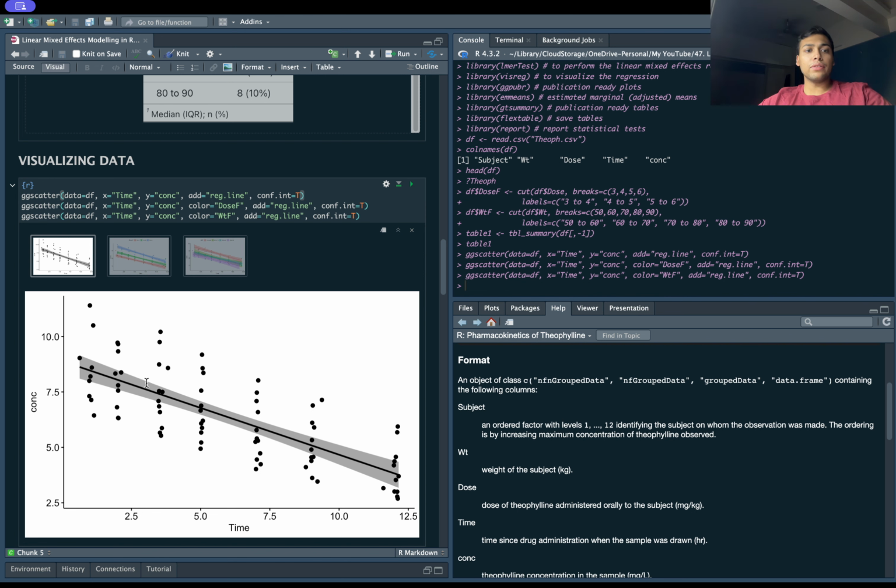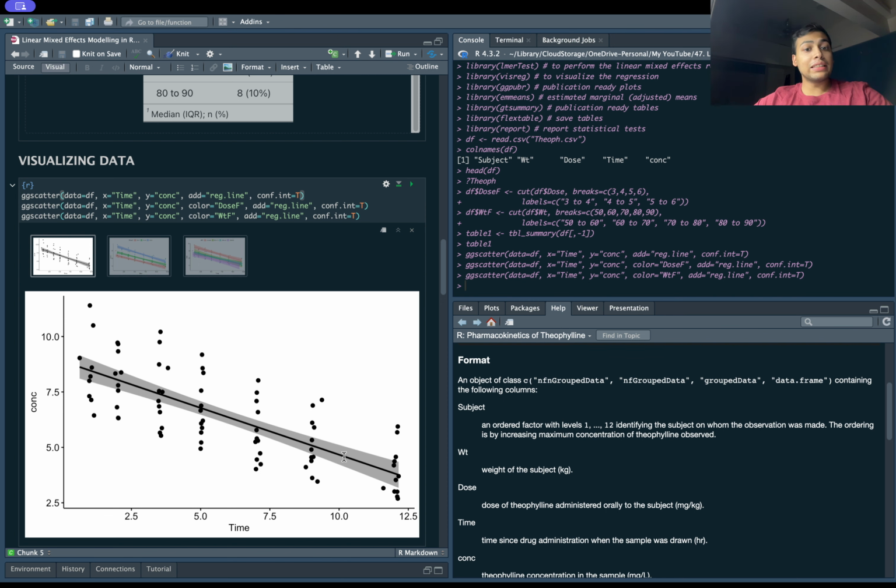So there's a fairly linear decline in theophylline concentrations over time, and that is good. Otherwise we would have to make provisions for non-linear models, and in the coming few tutorials I will show how to model non-linear data using splines, using generalized additive models and so on.